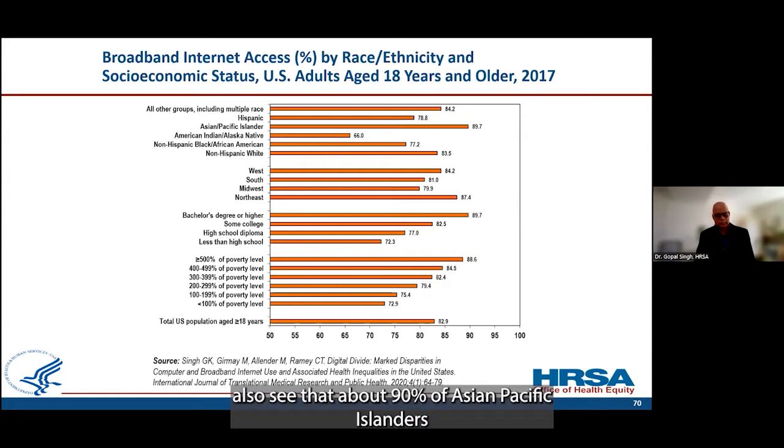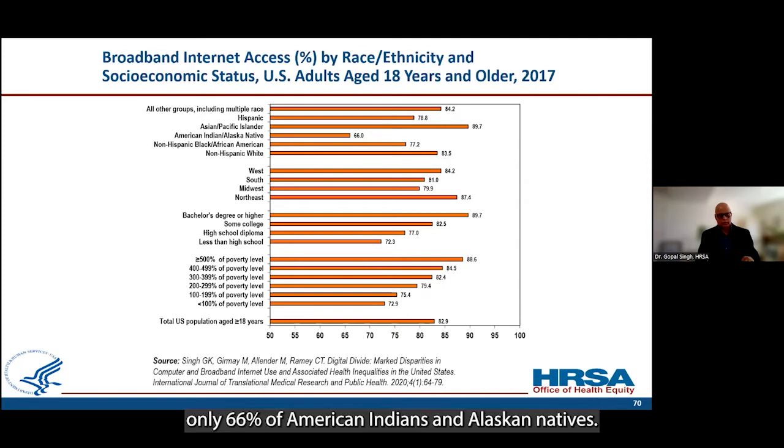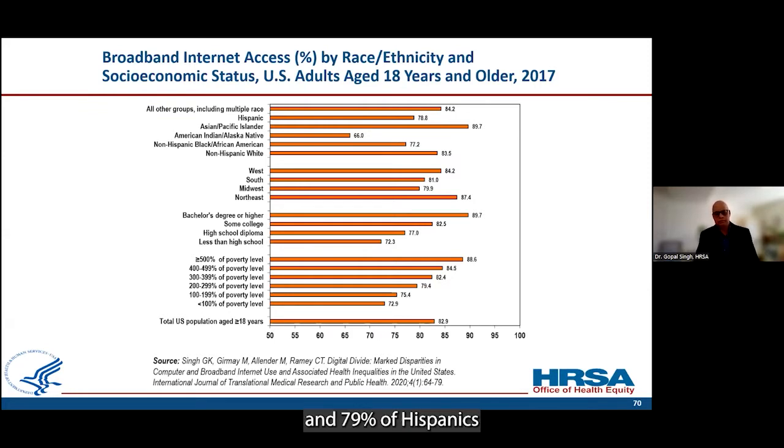You can also see that about 90% of Asian and Pacific Islanders and 84% of non-Hispanic whites had broadband service, compared with only 66% of American Indians and Alaska Natives, 77% of African Americans, and 79% of Hispanics.